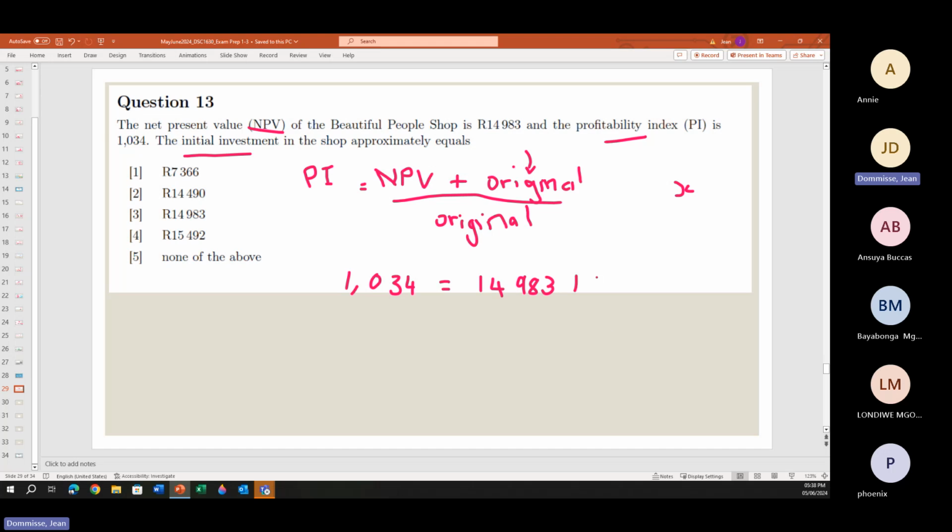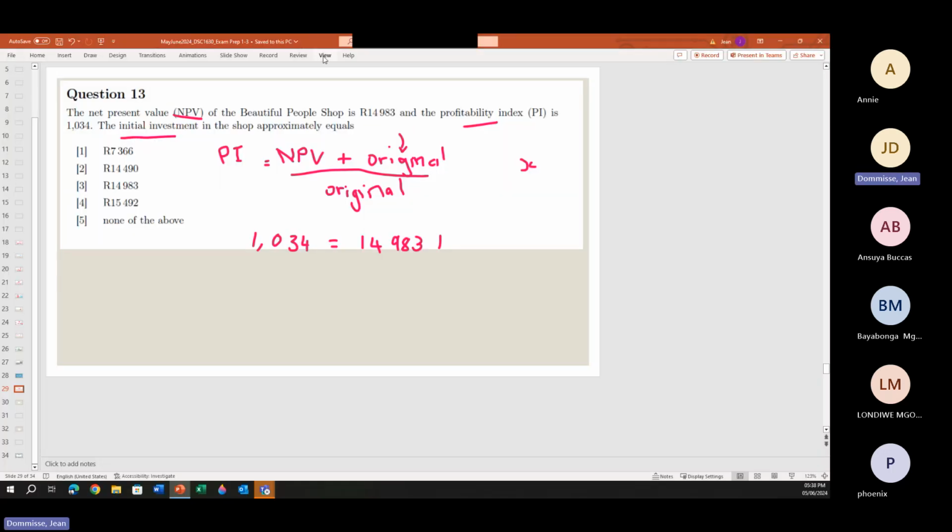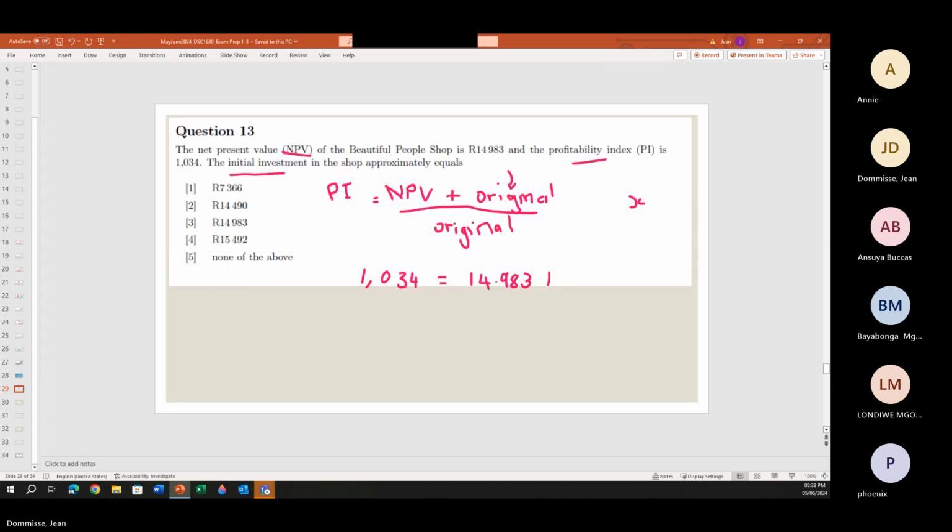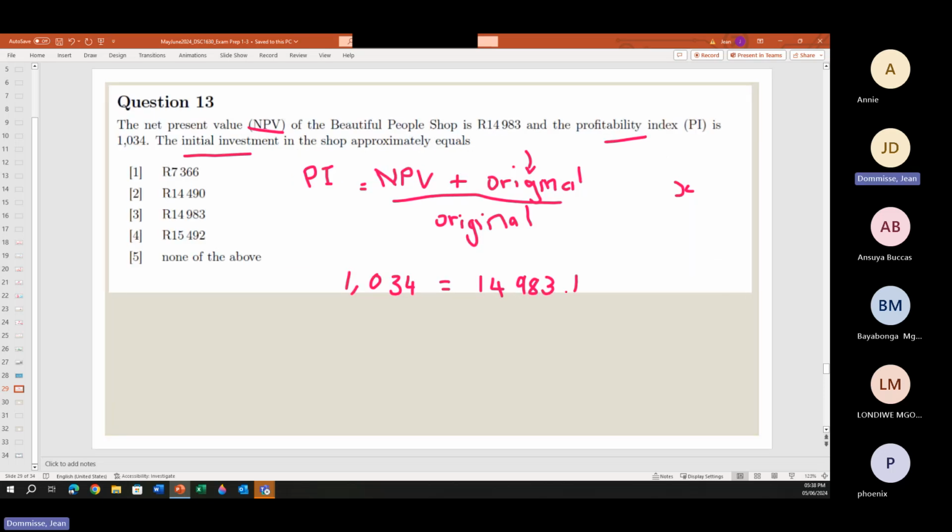So then we are in a sense able to work out what x will be.